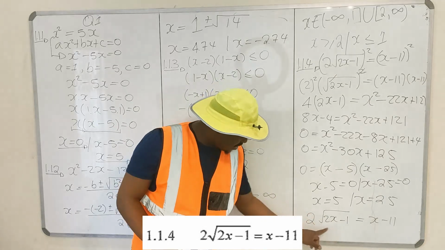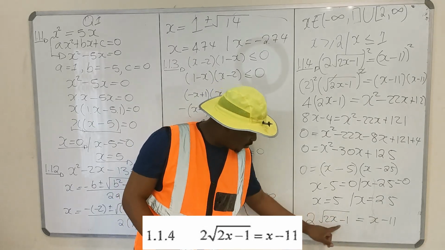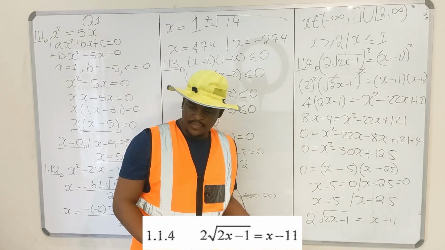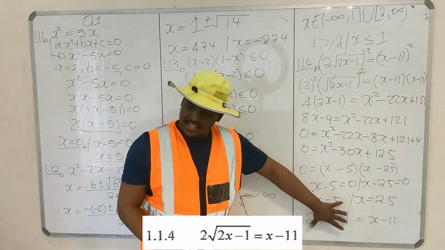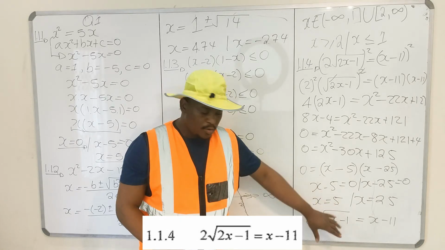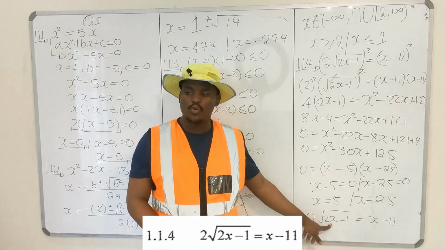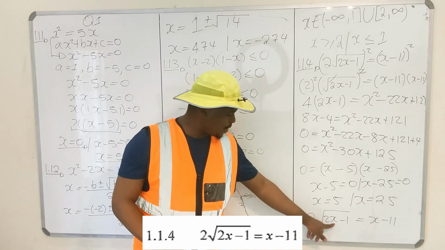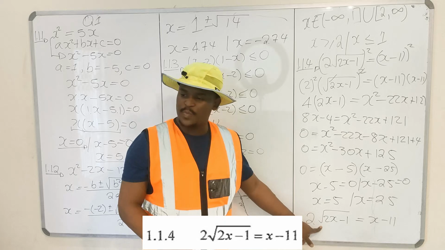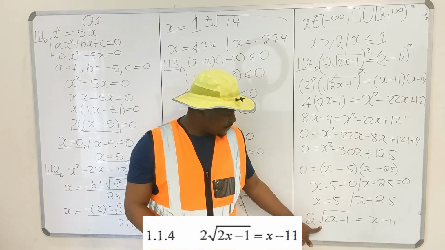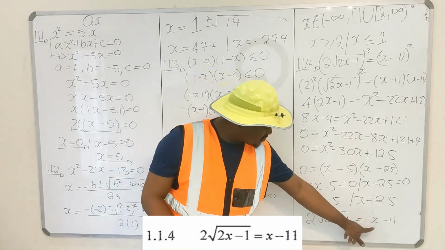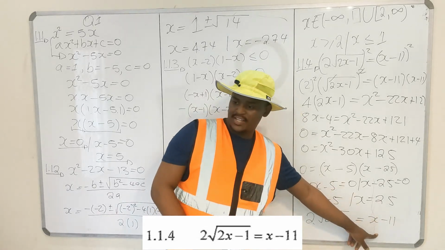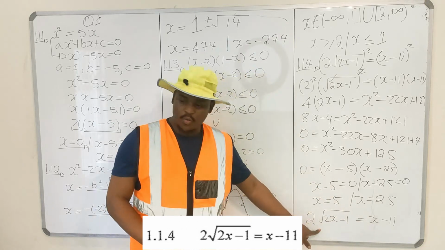Will the answer of this always be negative or positive? It will always be positive, because whatever comes out of this will always be positive, if this thing is defined. And this one is positive, so you're multiplying two positive things. So this will always be positive. Then, if your x value is smaller than 11, the right side will be negative, which will not be equal to this.